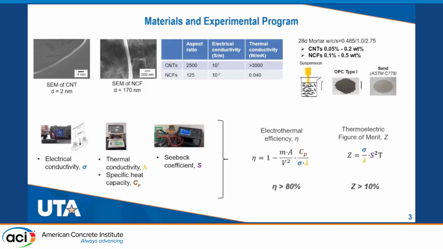We dispersed the materials following a specific patent by Professor Shah and Professor Consta to prepare mortars reinforced with nanotubes at amounts of 0.05% up to 0.2% per weight of cement, and nanocellulose fibers from 0.1 to 0.5% per weight of cement.